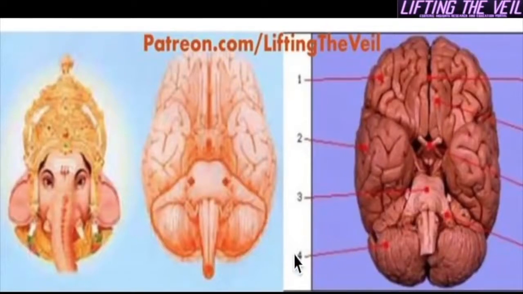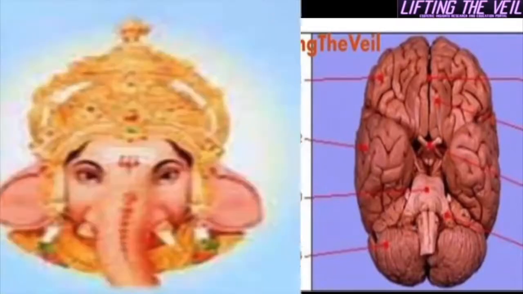So once again, we also have the phallic representation located within the human brain. Again, this is obviously the image of the elephant, but it's obviously a phallic representation, visibly phallic in nature.